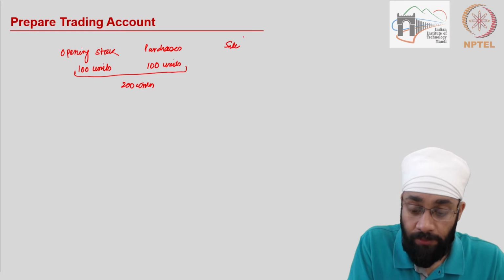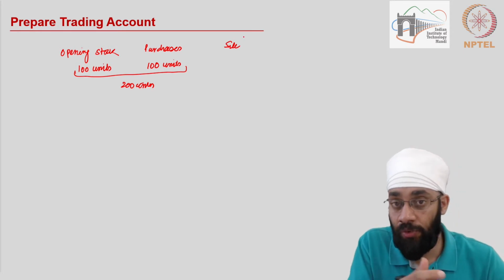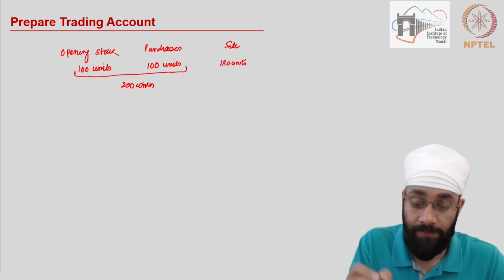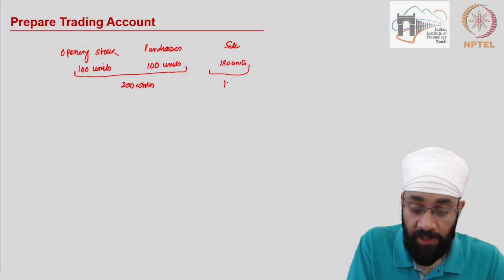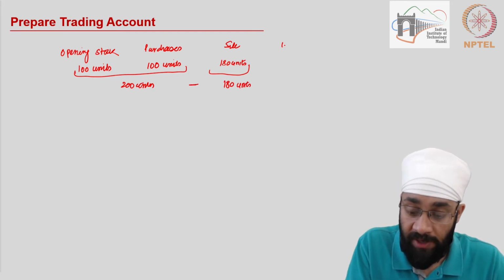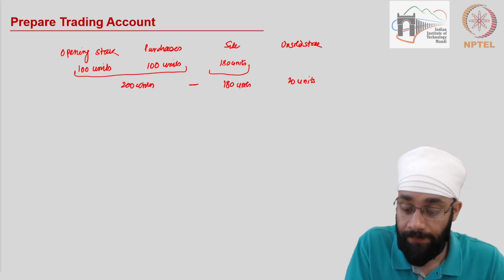And then comes the time to sell. The financial year ends. During the year, you have sold 180 units. So out of the 200 units, 180 units have been sold, and you are left with unsold stock. The unsold stock is 20 units.